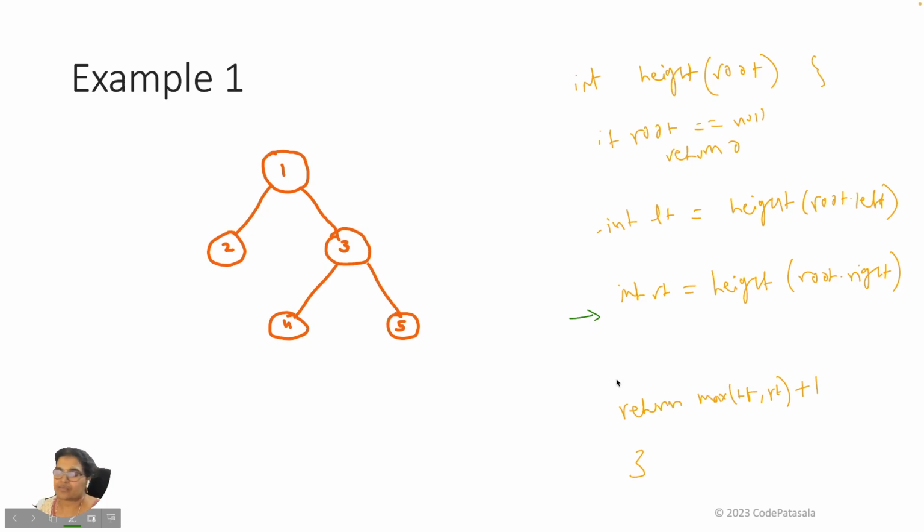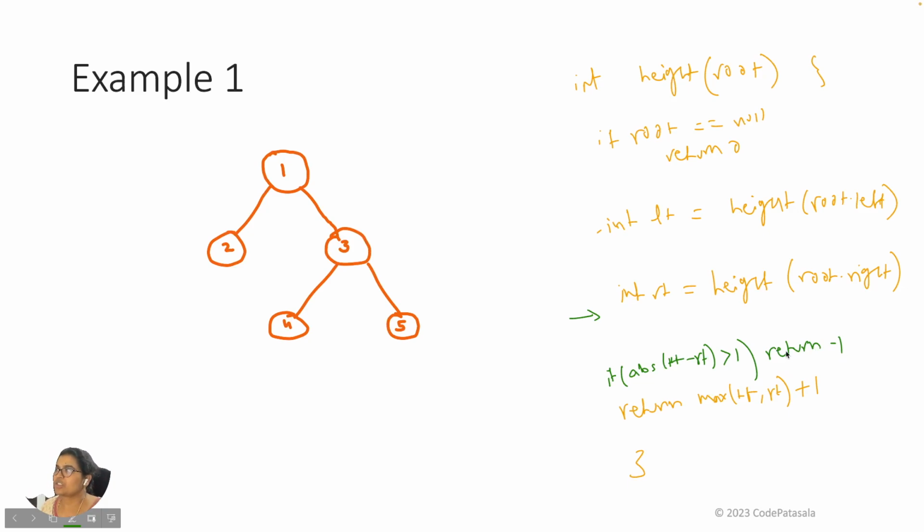By the definition of a height balanced binary tree, if the absolute difference between left and right is greater than 1, that means this tree is not balanced. If one part of the tree is not balanced, the entire tree is not balanced. So we can just return. We need not do further computation.